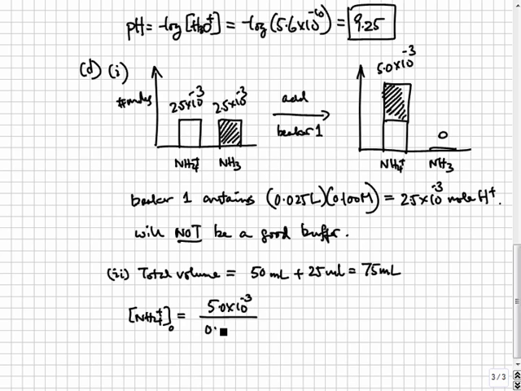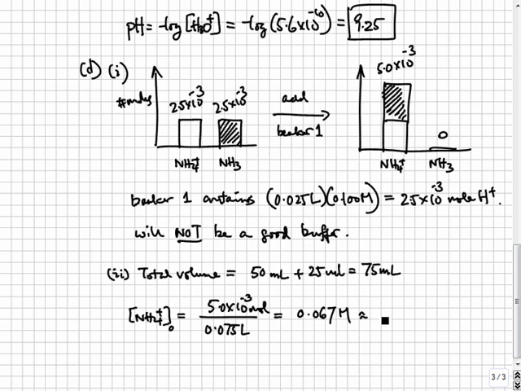So the total volume is going to be 75.0 milliliters. And from the number of moles of NH4+, which is 5.0 times 10 to the minus 3, you divide that by the volume, which is 0.0750 liter, and you can calculate the concentration of the NH4+, which is 0.0667 molar.